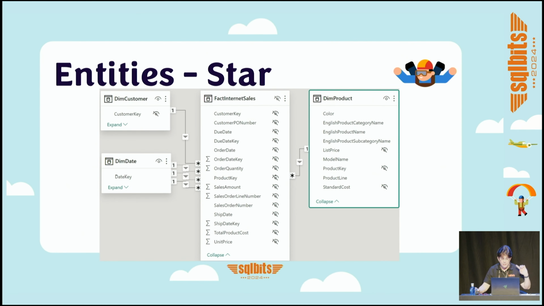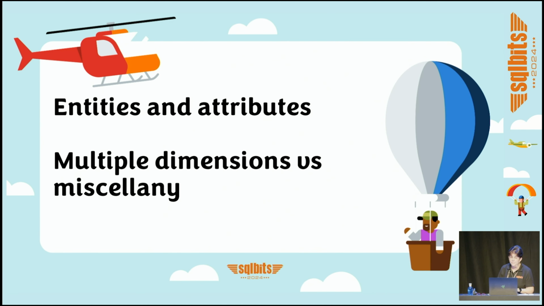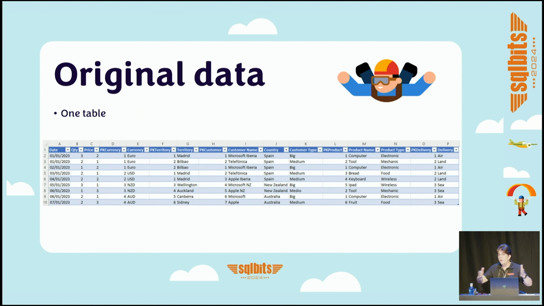Okay. Yes, the second case. What about if we have, for example, a very big flat table? Today in the morning, Benny explained a lot of very interesting things about flat tables versus star schema.